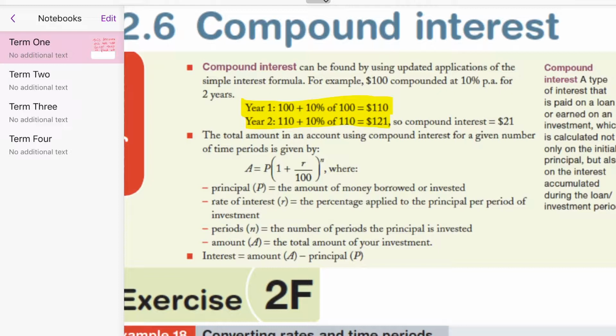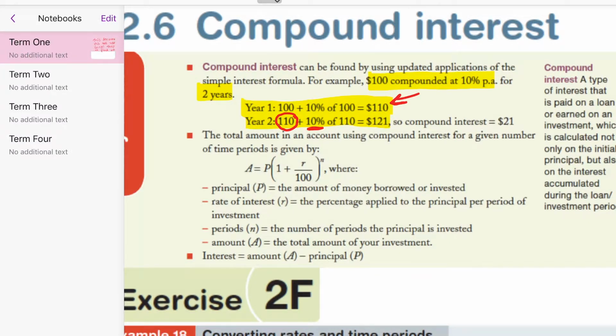it's saying to you that in the first year, if you, let's say, had $100 and it's compounding 10% per year for 2 years. The first year you add 10% onto it, it then becomes $110 at the end of that first year. So that means at the start of your second year, you're now starting at $110.